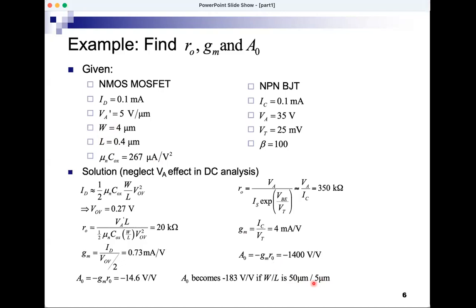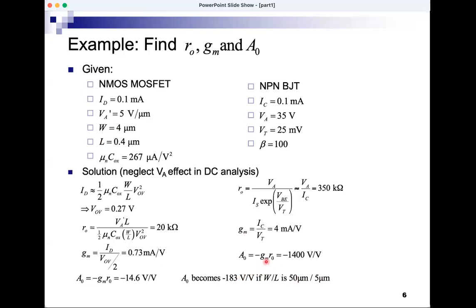So this is a much bigger MOSFET. The area is much bigger. This is the price that I pay. I can get more gain, but then I have to use a larger MOSFET. If I use a larger MOSFET, the gain would be quite reasonable. Still, the BJT may give me more gain.